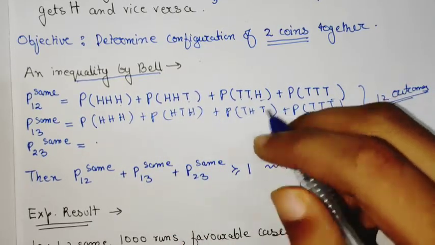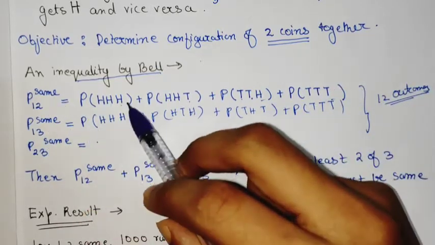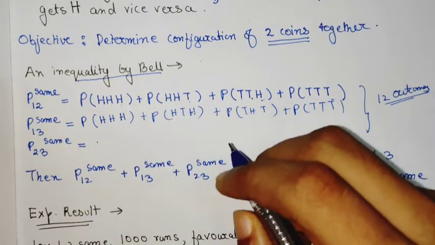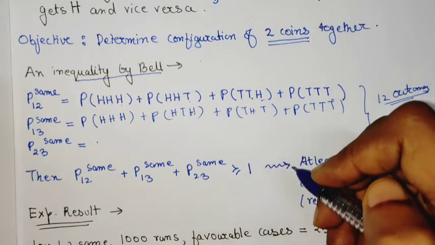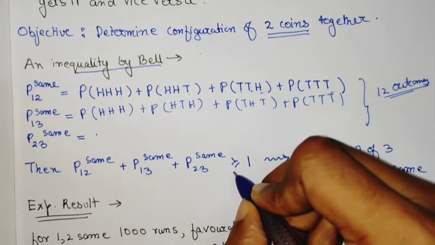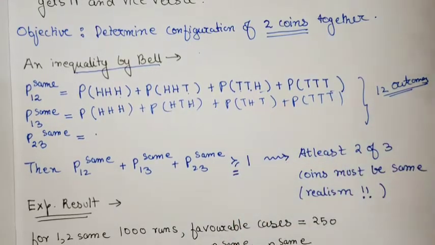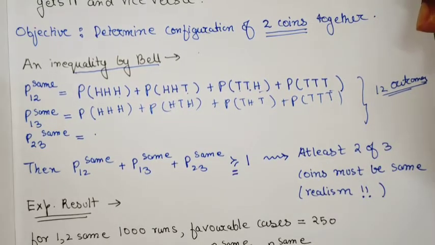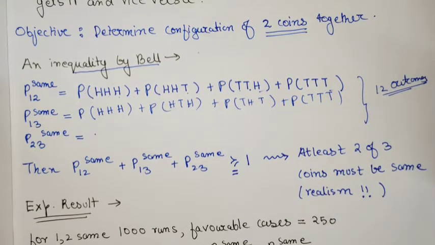This will have some repeated outcomes, but when we sum them, those 8 outcomes are bound to appear, and hence the probability of this sum is greater than or equal to 1, because the probability of all the 8 outcomes must sum to 1.